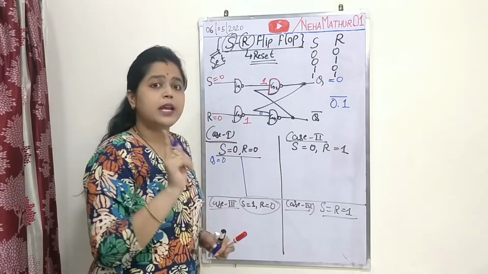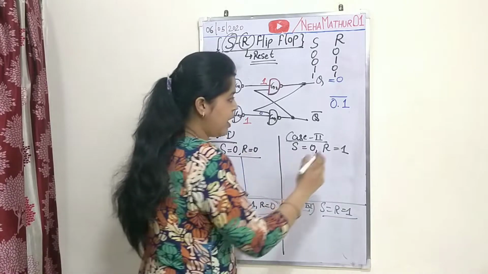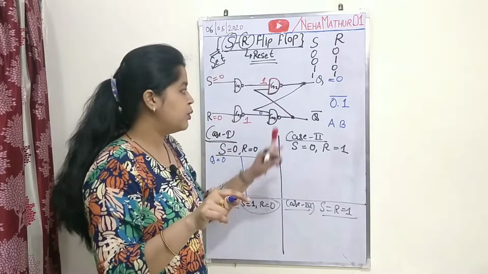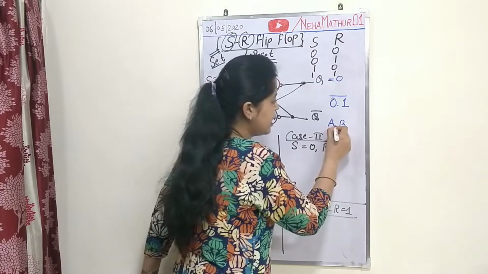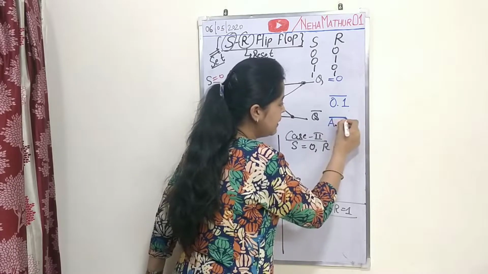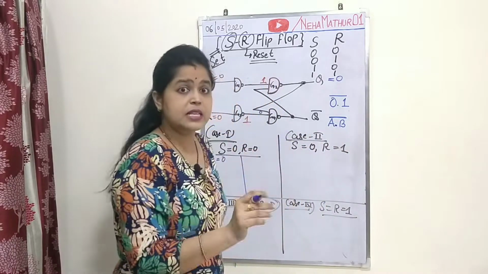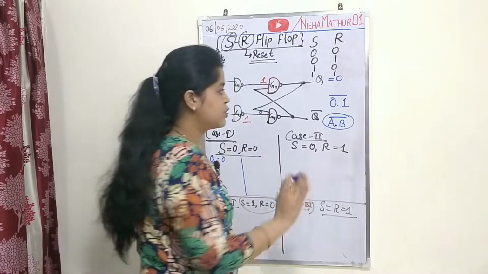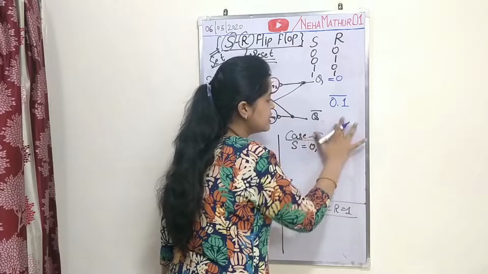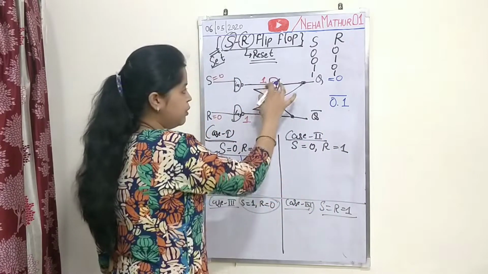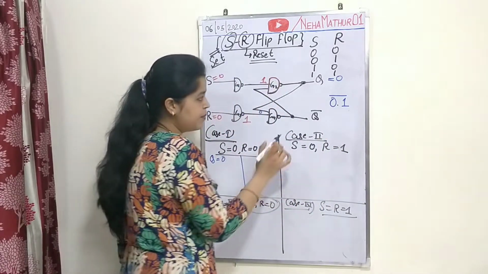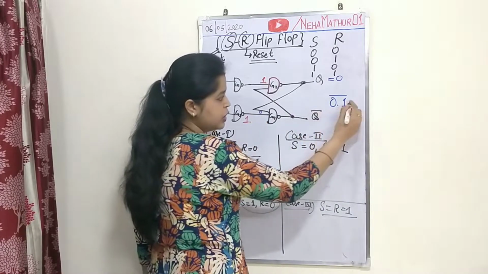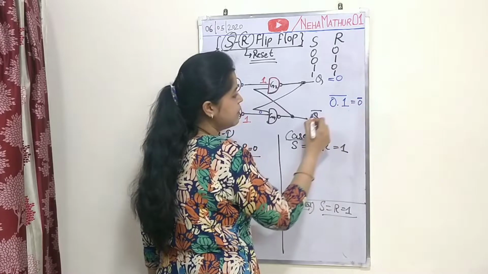As per the Boolean expression of the NAND gate, if you have two inputs A and B, the output will be the complement of the product of both inputs. This is the already defined expression of the NAND gate, as you already know. So this formula is applicable for both the gates. With the help of this formula you can say that 0 is multiplied by 1, so it will be 0 and its complement will be 1.